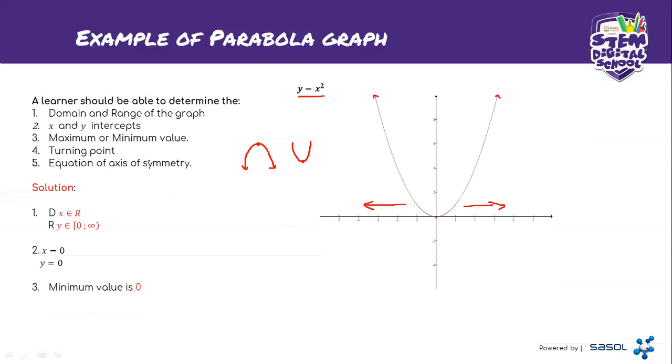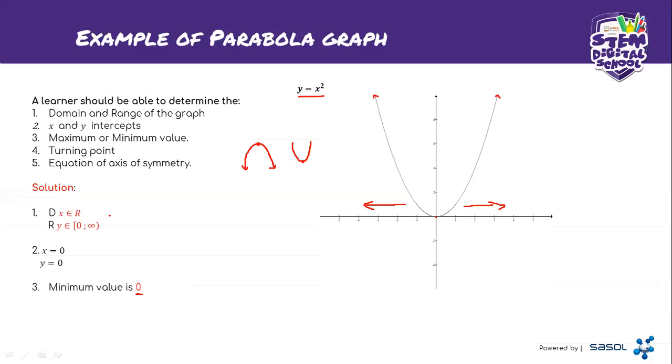As for number 3, the minimum value we said is 0. Where do we get this value? We go straight to the turning point and look for the Y value there. That value is our minimum value.